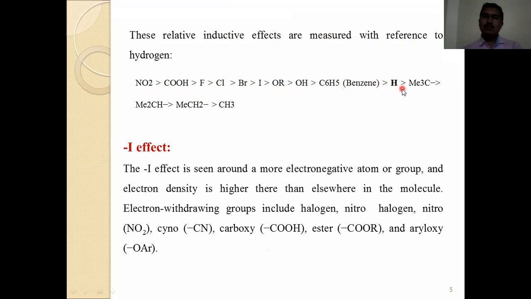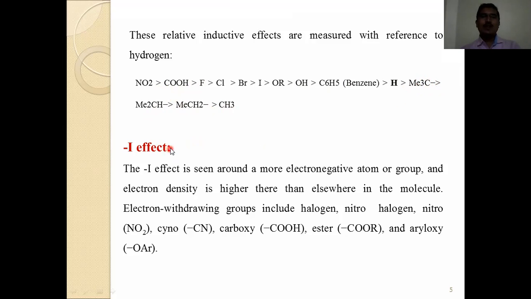After hydrogen, on the right side, are the alkyl groups. The tertiary alkyl group is the most donating group, then secondary, then primary, then the single carbon chain. This means the electron withdrawing effect decreases from left to right.